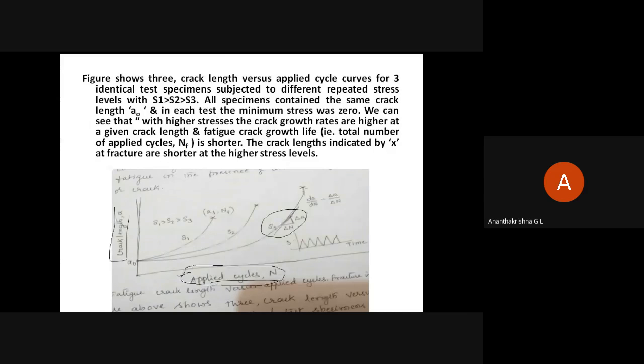So this indicates we have taken 3 specimens of the same initial crack length, subjected to different stresses of increasing order. And we observed that the number of cycles that a component can go through is less as the stress is more. The number of cycles that can be applied to the material is lesser and lesser. And also, this delta A by delta N is essentially the slope. So that's what we learned over here.